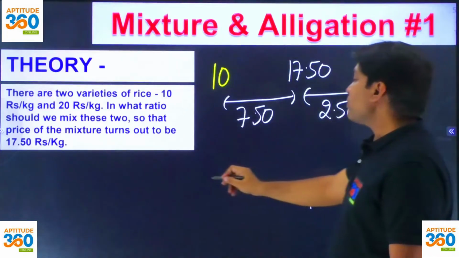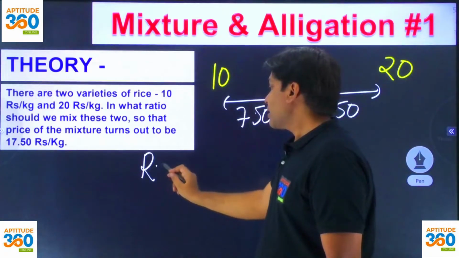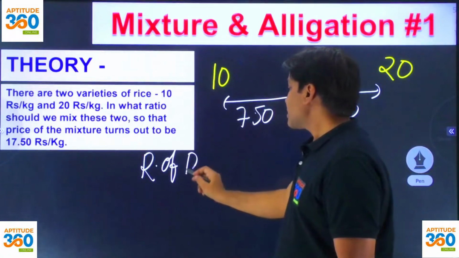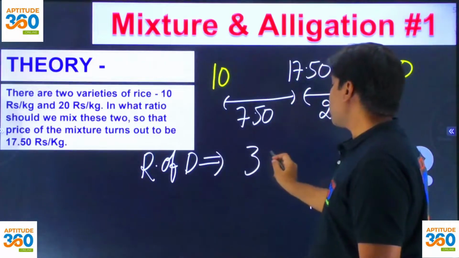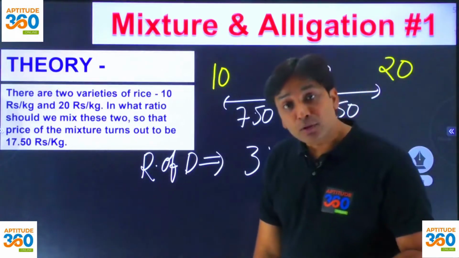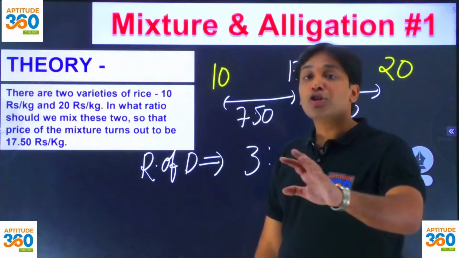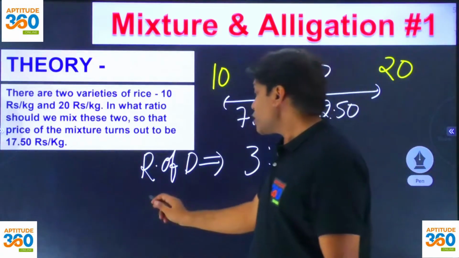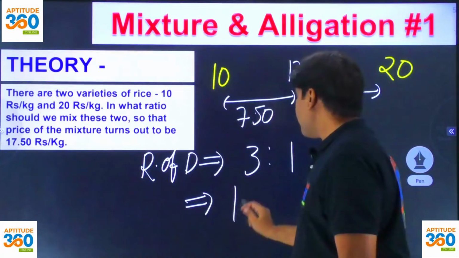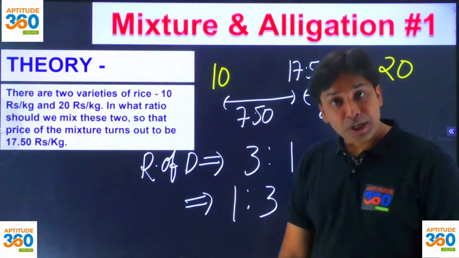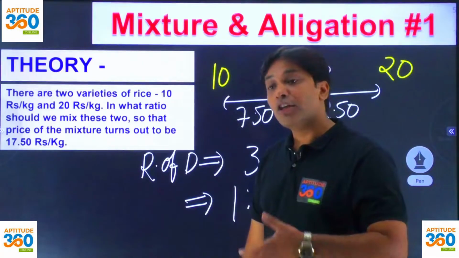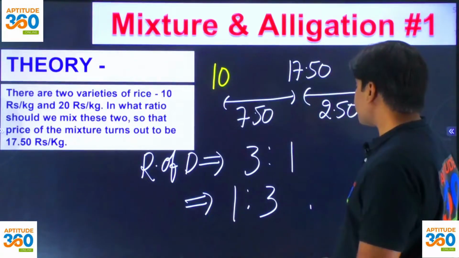So what is going to be the ratio of distances? Ratio of distances is coming out as 3:1. Now you're mindful that in this ratio you should not mix these two varieties. In what ratio you should be mixing them? You should be mixing them in 1:3 ratio. You just have to take a reverse of it.